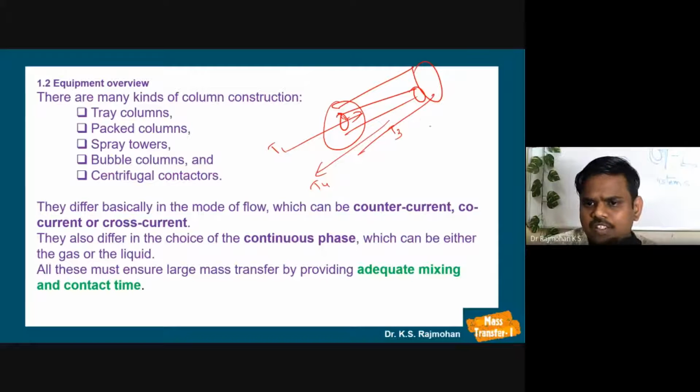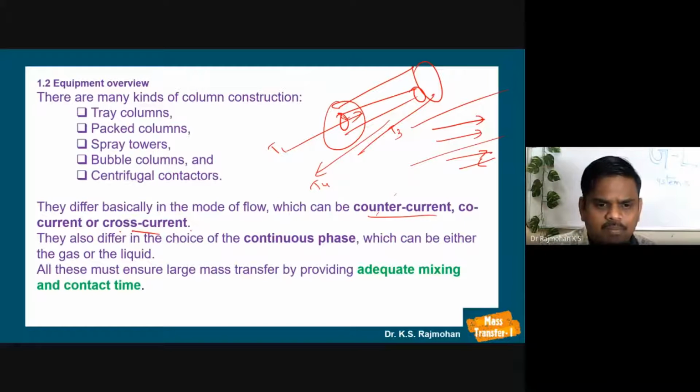If both are traveling in the same direction, it is co-current. If one is in the opposite direction, we call it counter current operation. So any unit operation we can classify as counter current, co-current, or sometimes cross current operation. We will discuss that when we discuss tray towers. In one of the columns we will have cross current also, that means vertical and horizontal both will be there.